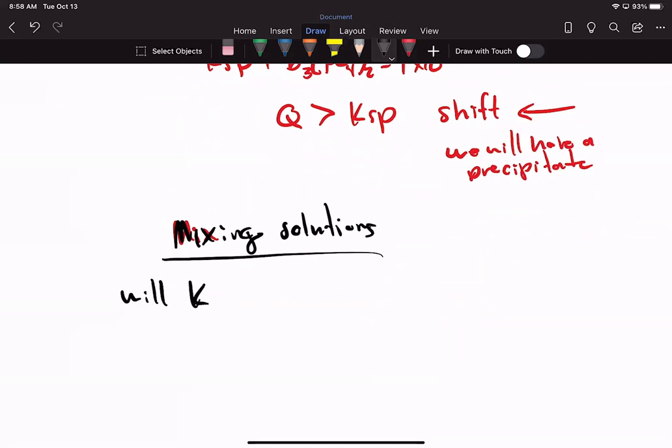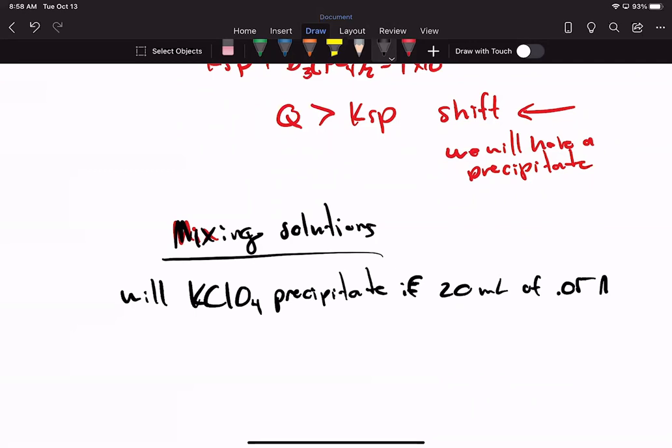Will potassium precipitate if 20 milliliters of 0.05 molar potassium ions is added to 80 milliliters of, oh, I need a concentration here, 0.05.